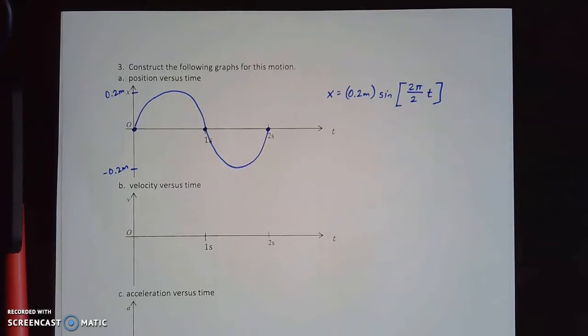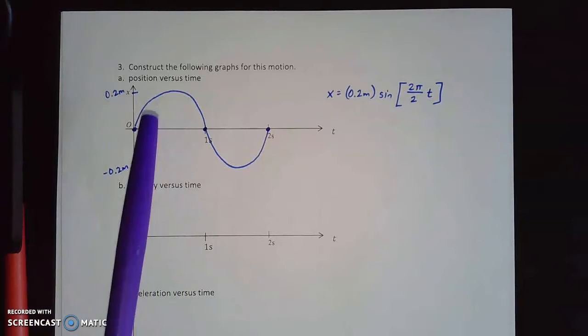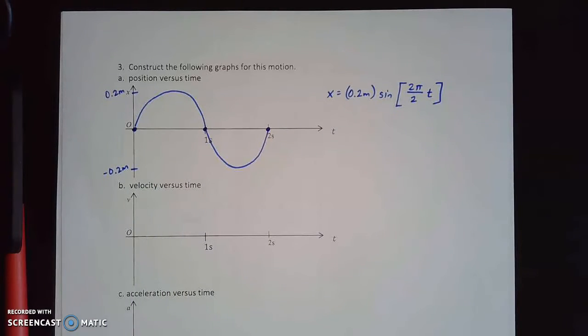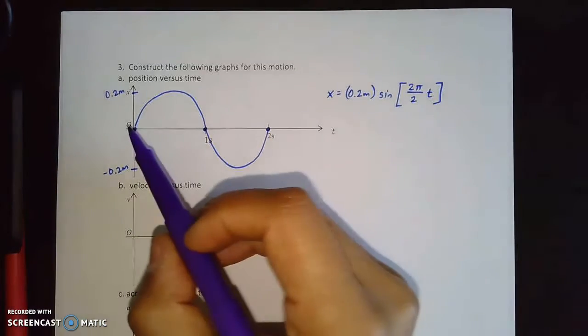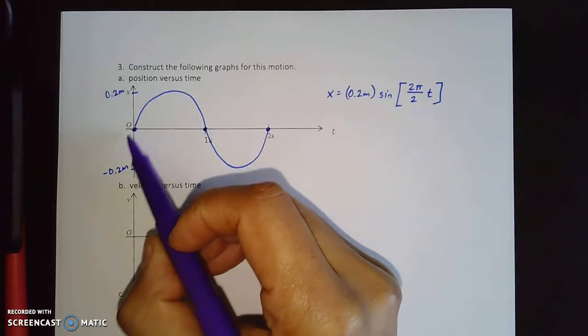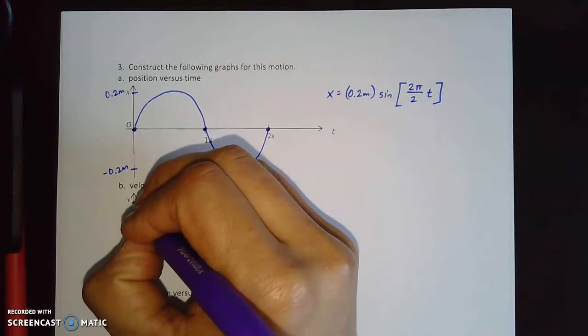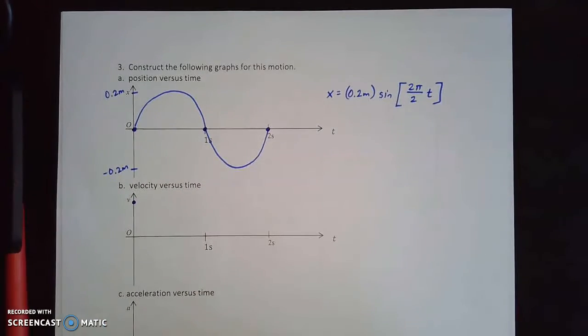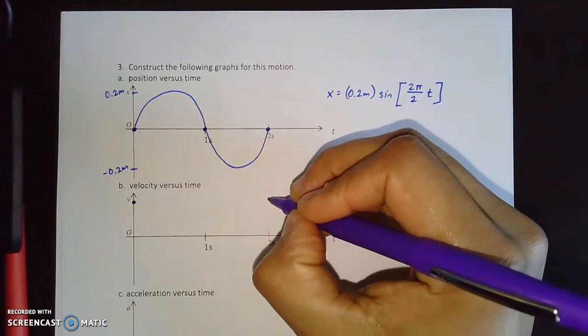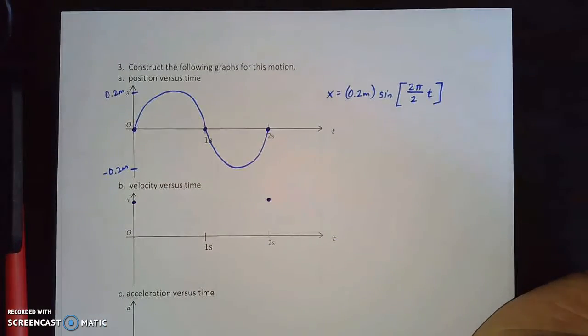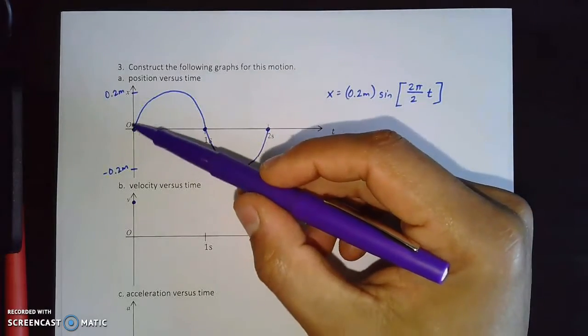Alright, so how do we move from position to velocity? The first thing I need to figure out is how to use a position time graph to get to a velocity time graph. The easiest thing to say is that I would use slope. At the beginning I have a maximum velocity slope, maximum positive. So I know my velocity is going to start at maximum positive and end at maximum positive. So the question is, when is it 0?